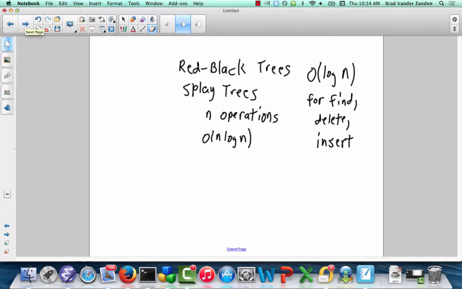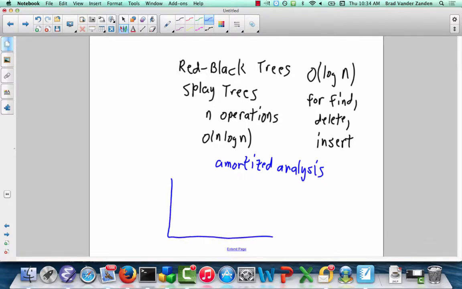So you'll be introduced in 302 to what's called amortized analysis, where you'll find that as long as this is perhaps the curve for n log n, the operations for a splay tree might go like this, where they're very efficient, and then all of a sudden there's one super inefficient operation.